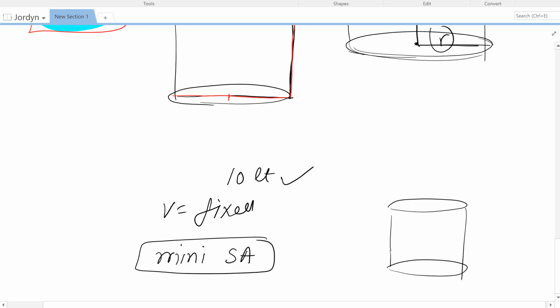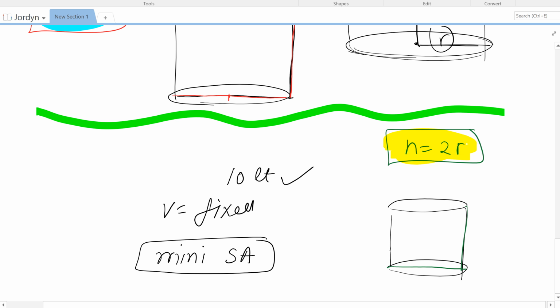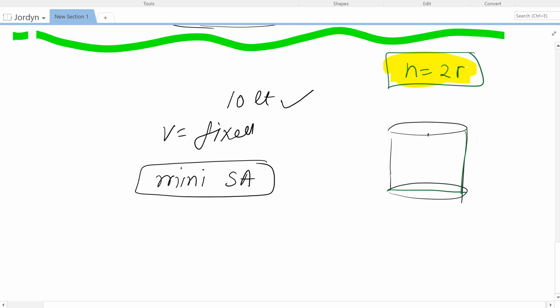So what kind of shape will that be? That shape is going to be like that, with height equal to the diameter, and the height h is 2 times r. That is the condition for that. Make sense to you? Yes. So these are two different things, but for both cases, your height is equal to 2r.